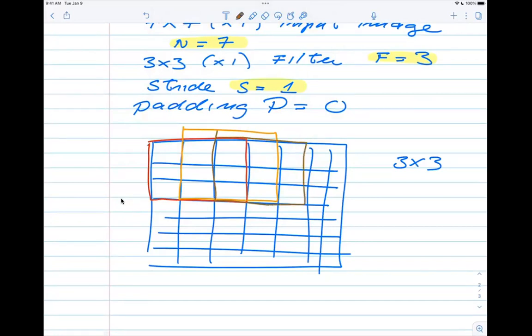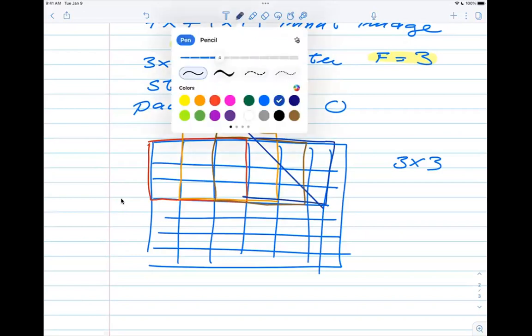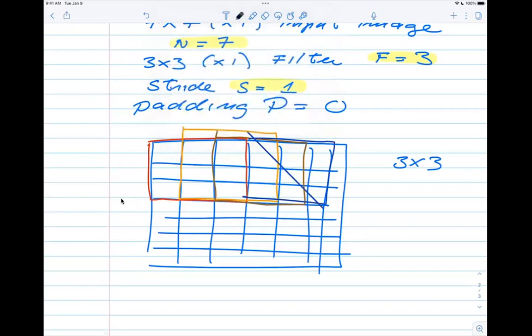And then we continue like this till we have emptied the row. So we started there, and then the next block would be this one. So that one. And finally, the last block is going to be this last block here.